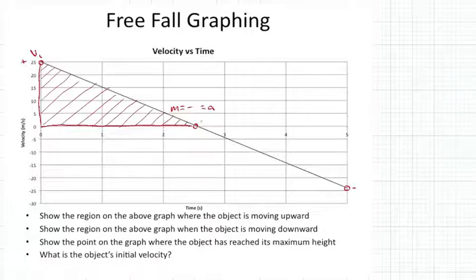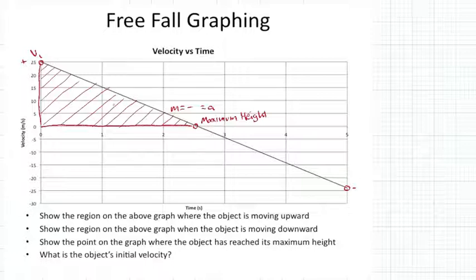At what point is the velocity 0 of an object being thrown up in the air? Well, right here is going to be our maximum height. Maximum height, that's wherever the velocity is 0 or goes from positive to negative, or vice versa.